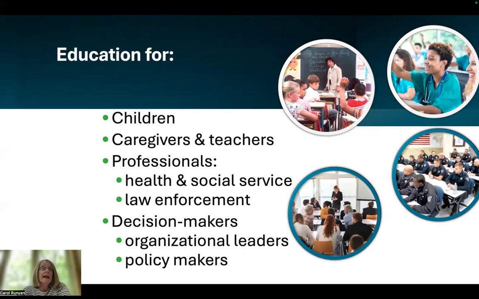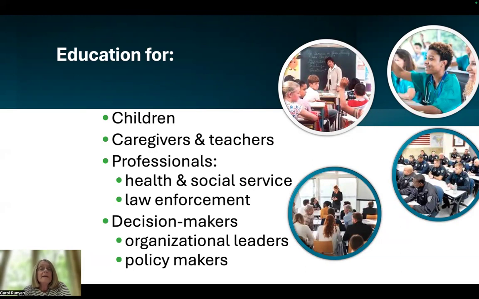Education can be directed at a lot of different targets. It might be education of children directly, for example, stop, drop, and roll if you're in a fire situation. It might be education directed at caregivers and teachers, for example, how to calm a crying baby, or how to handle a classroom fight. It might be for other types of professionals in health and social services or in law enforcement.